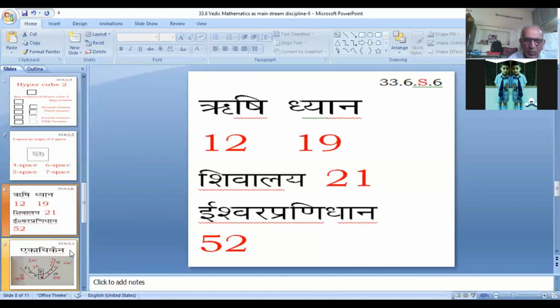It is this sequential cumulative reach up to 3 letters, then up to 4 letters, then up to 5 letters together as of value 52, parallel to Ishwar Pranidhan, that is going to be the complete enlightenment.